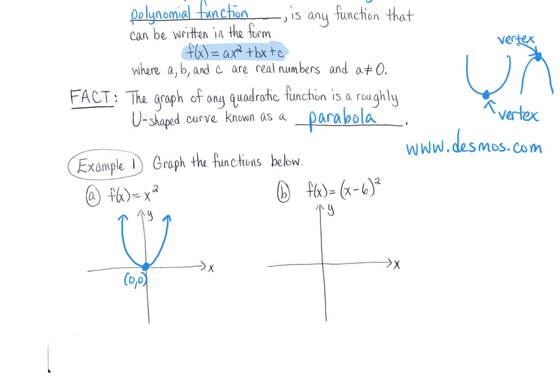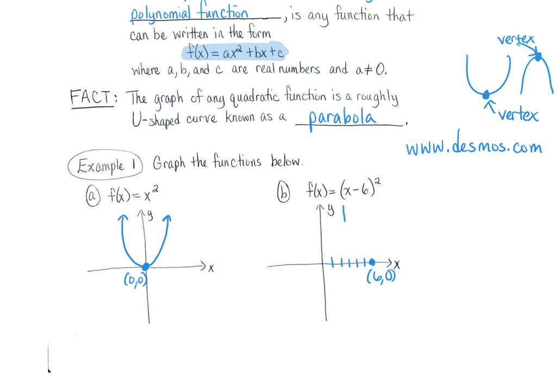X is 6? What do you mean by x is 6? Oh, the vertex is at 6. That's a better description. 2, 3, 4, 5, 6. The vertex is here. What point is this? 6 comma 0, very good.